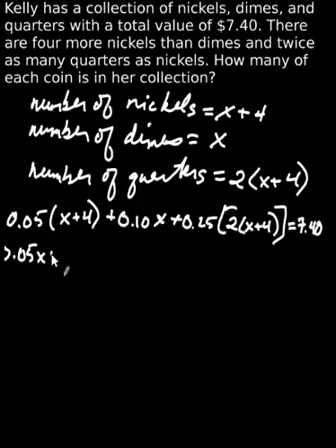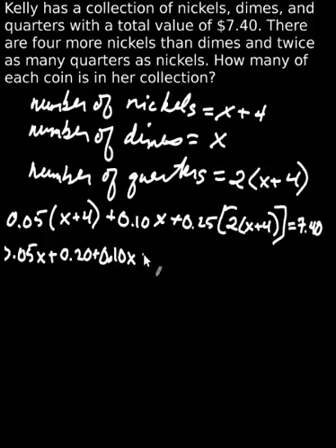So this equation is going to become 0.05x plus, and the way we multiply decimals is you say, let's temporarily forget about the decimal. 5 times 4 is 20, and then move the decimal in 2 places. So it's going to be 0.20. And then we still have plus 0.10x.